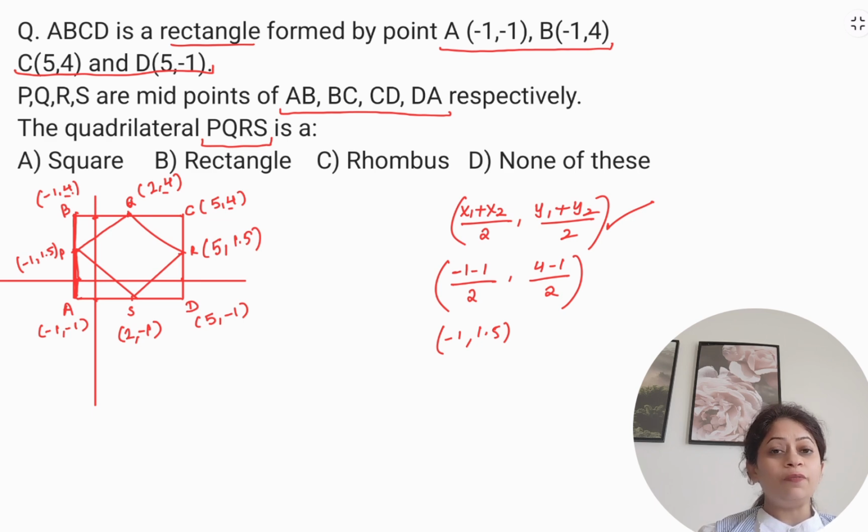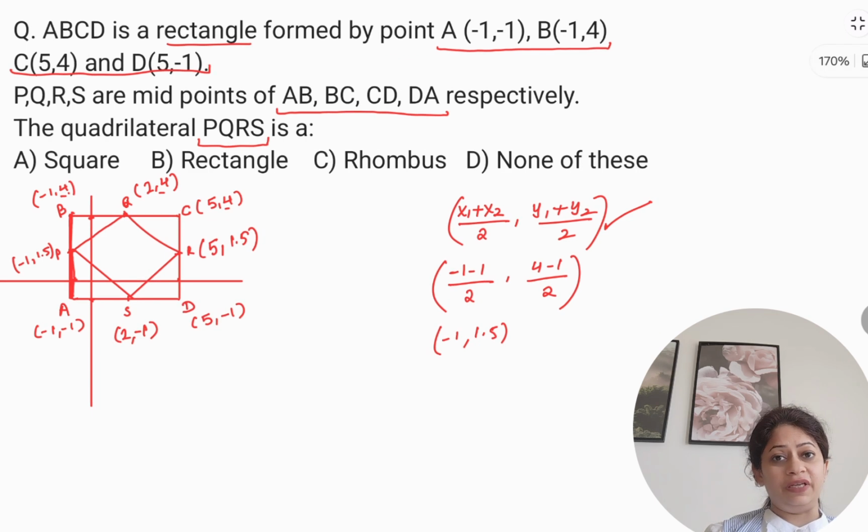A square has all sides equal and all angles 90 degrees. In a rectangle, opposite sides are equal and all angles are 90 degrees. In a rhombus, all sides are equal and angles are not 90 degrees. And then there is none of these.